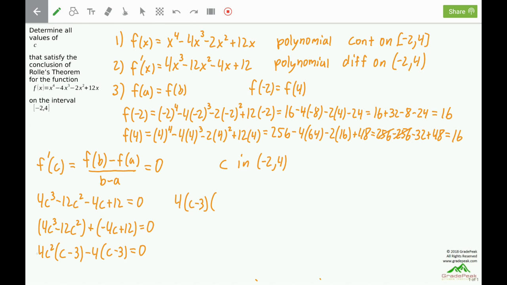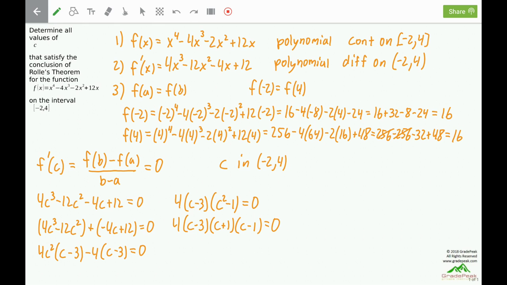If we take the 4 out as well, we will be left with c squared and the minus 1, and this equals 0. C squared minus 1 is a difference of squares and can further factor. So 4 times c minus 3 times c plus 1 times c minus 1 equals 0.